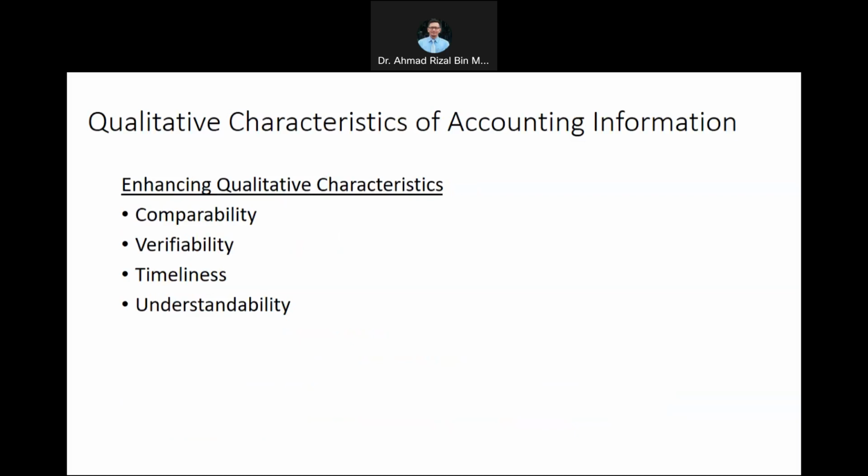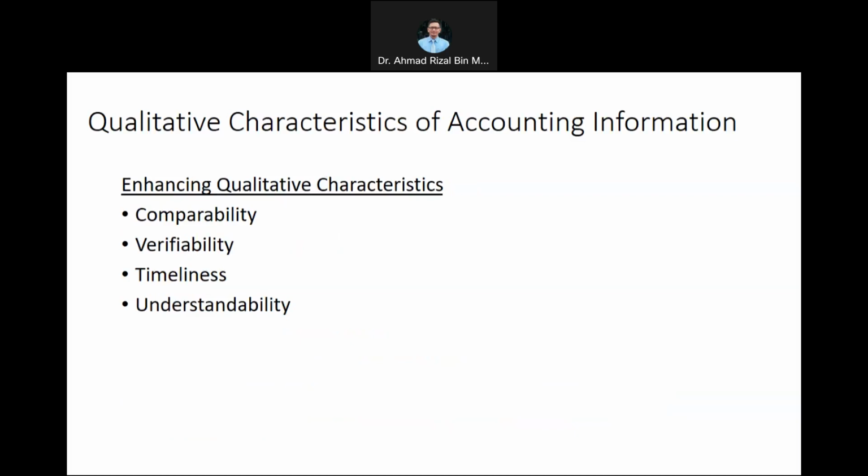Even though in certain cases, as in the examples I've given, there could be some complexity or uncertainty, you try as much as possible to simplify them, to disentangle them into understandable pieces, so that any reasonable and knowledgeable users of financial reports can understand them.